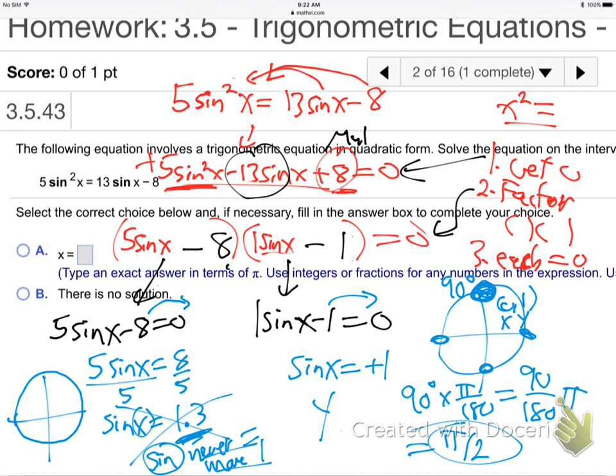Don't need to do the +2 in pi, do I? Or do I? Let me go back. It said 0 to 2 pi, and there's no multiple. It's just regular x. So remember, if it's just regular x, and they only said give me answers 0 to 2 pi, answers within 1 rotation, then you don't need to mess with the +2 in pi thing. If they say, no, give me all answers, remember how they said that in last week's one?